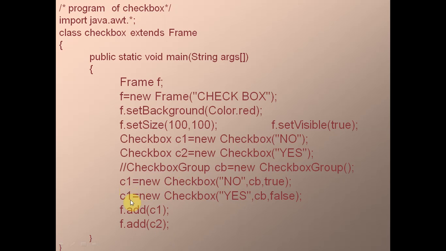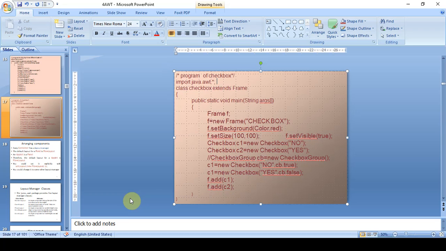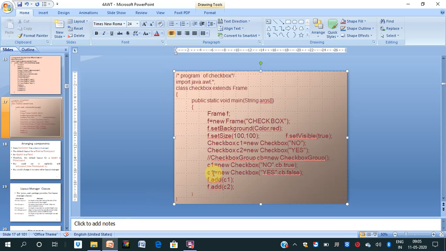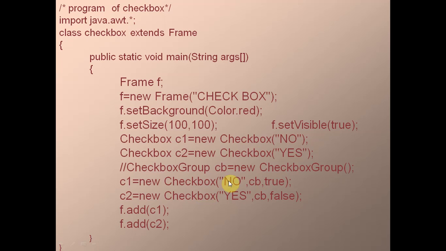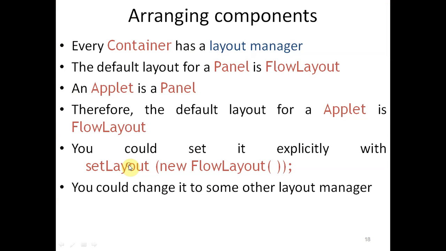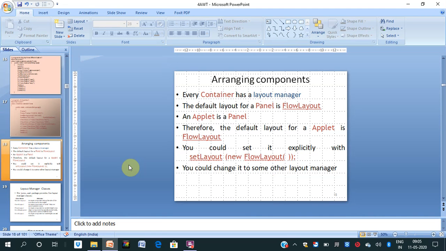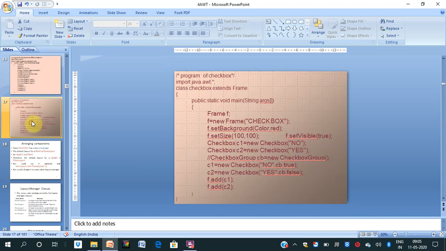and this checkbox we are redefining. This is c1, and this is c2, and no is the caption of the checkbox, and cb is the checkbox group. This is the checkbox group, which means the checkboxes will come inside the checkbox group.